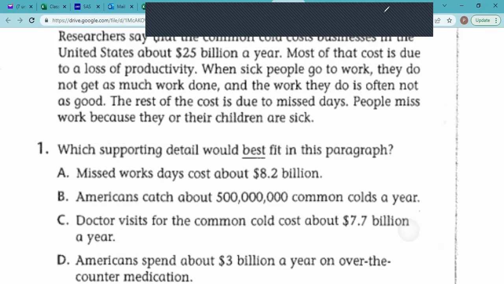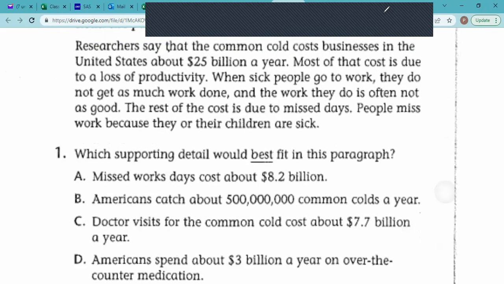All right, I'm going to make this a little bit smaller so you can read all of it. Pause your screen, reread it if you need to, and then choose your answer.